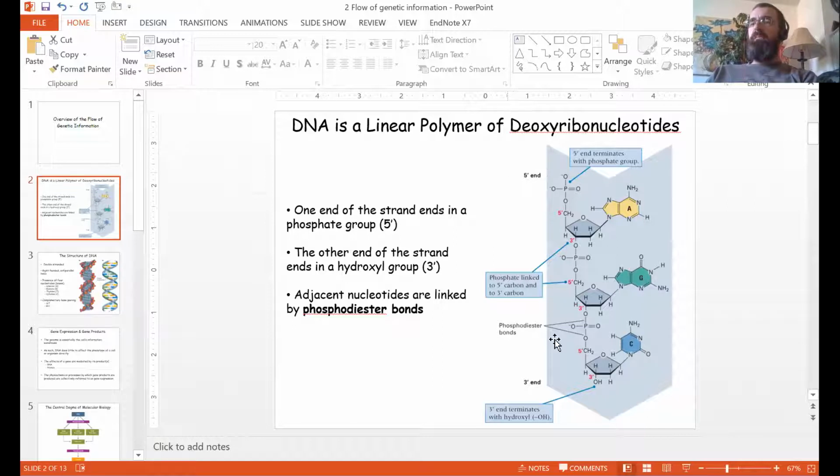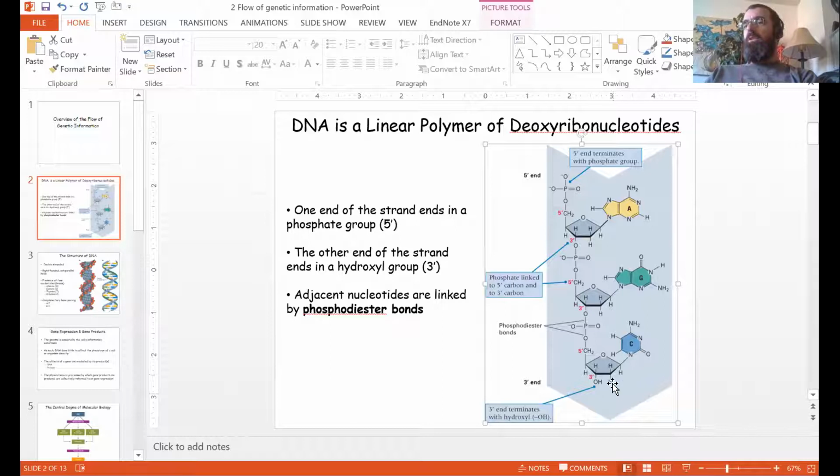What that deoxy means is that an oxygen is removed from this carbon here. The second prime carbon in RNA has a hydroxyl group too, so RNA has two hydroxyl groups and DNA only has one. And also thymines are changed to uracil. But other than that, they're exactly the same.